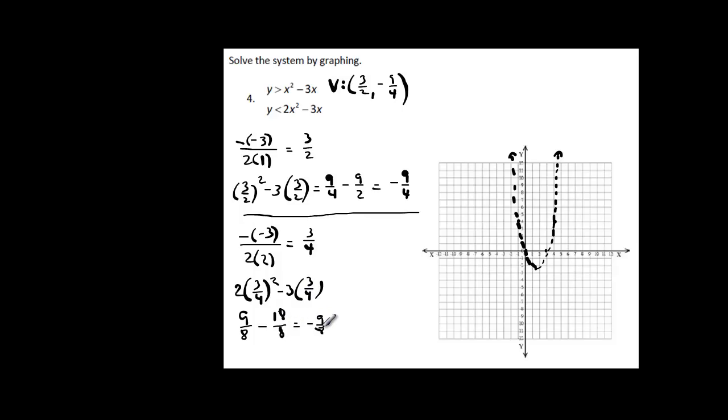So negative 9/8. So the vertex for the second one is 3/4 comma negative 9/8. So 3/4 is right here, negative 1.125. It's right here. I'll put that in this color there.